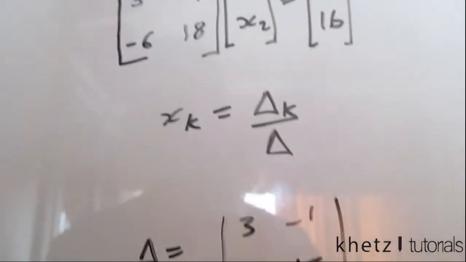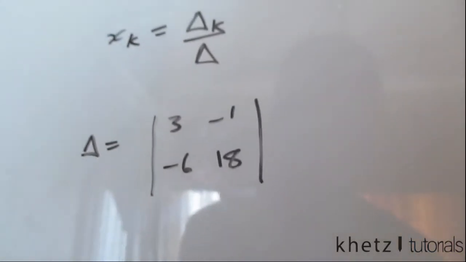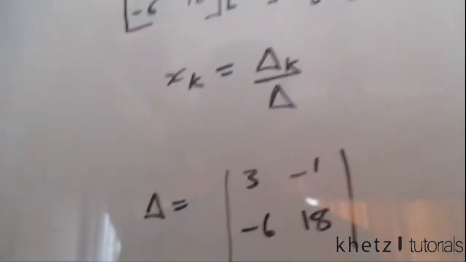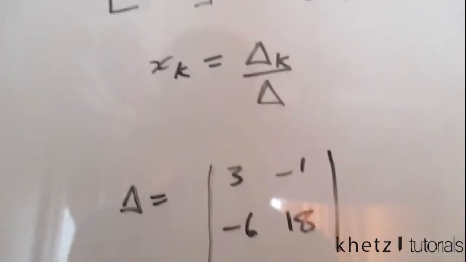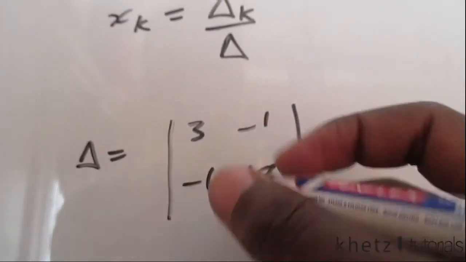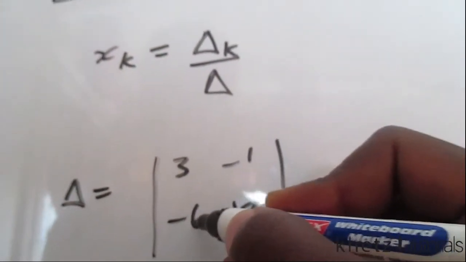So the determinant of the A matrix as it stands over there. To find the determinant for a 2 times 2 matrix of this form, you say this multiplied by that, subtract this multiplied by that.